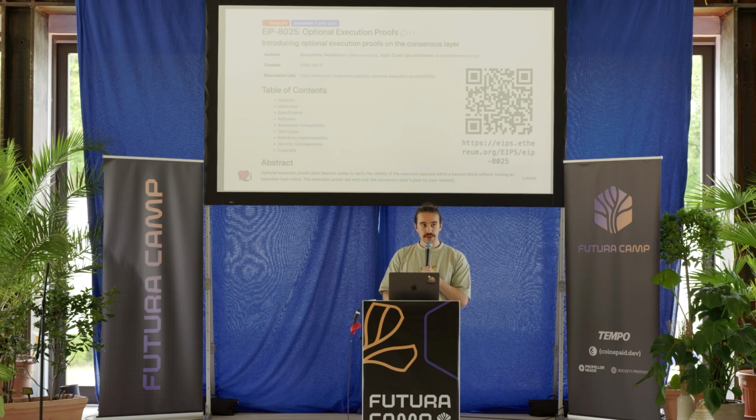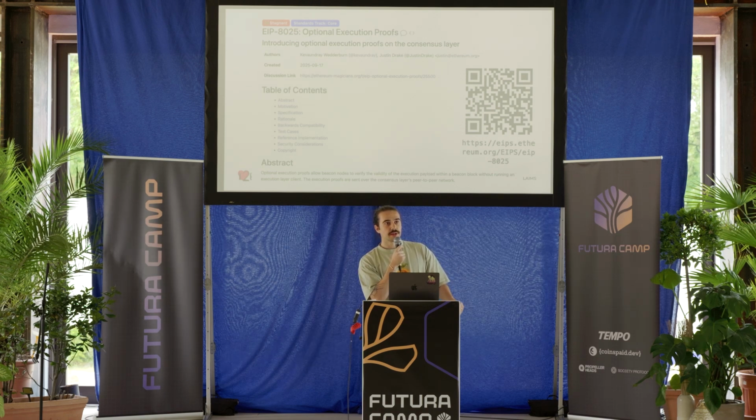All my research is based on EIP 8025, which is optional execution proofs. What this EIP tries to do is to basically define all the primitives in Ethereum to be able to verify blocks using ZK.